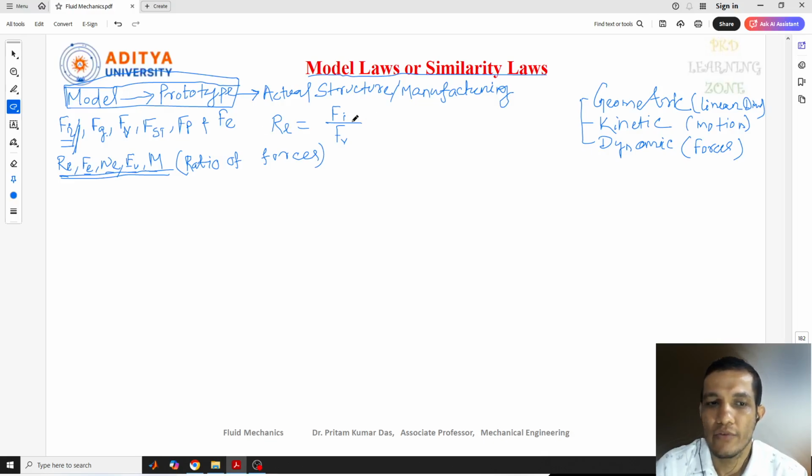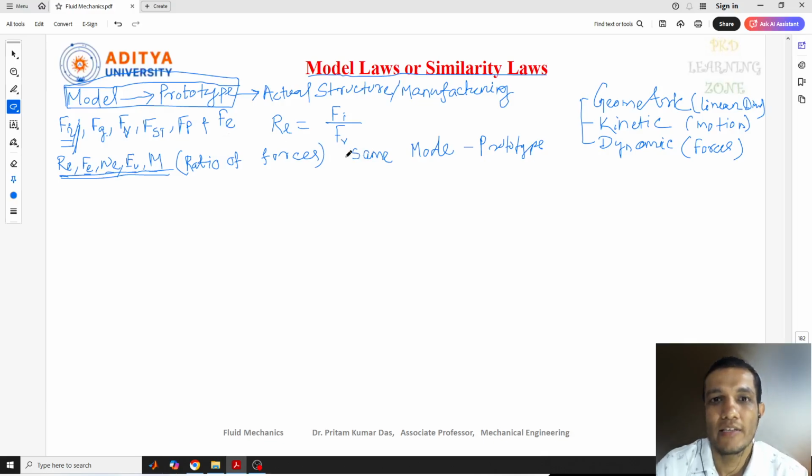At the same time, the dimensionless numbers we derived previously should be the same for model and prototype, because the forces are associated with these numbers. If the forces are the same for the model and prototype, then the numbers should also be the same.